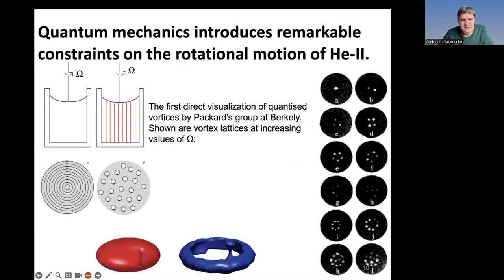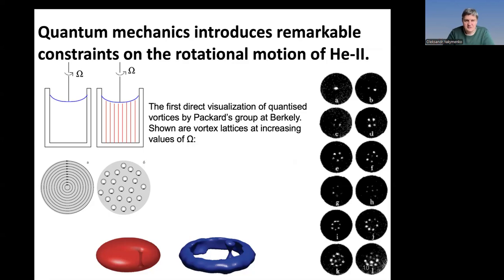Well, this gives very intriguing physical manifestations in superfluid systems. At first, the system which was discovered as a macroscopic superfluid system is, of course, liquid helium.